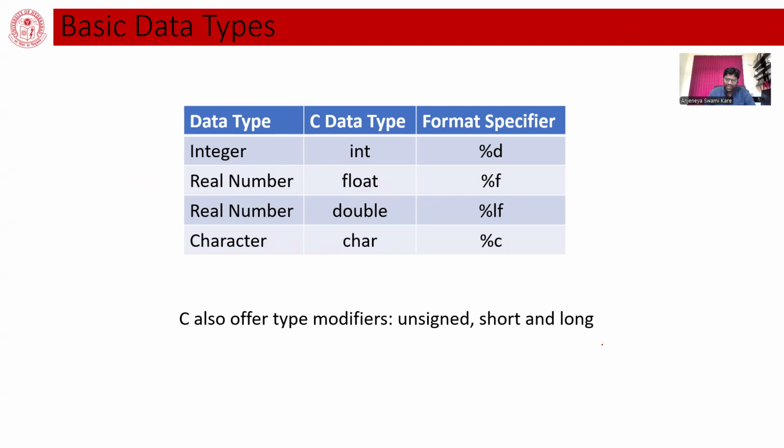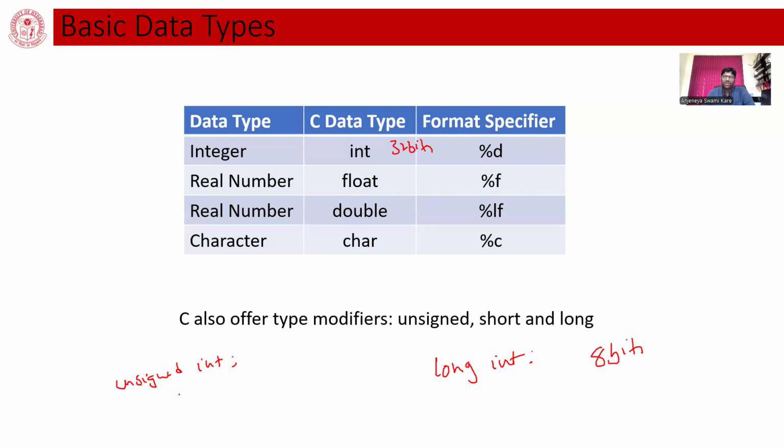For example, long int and short int. int is usually 32 bits in size, whereas long int usually takes 64 bits. Then by using unsigned, if I say unsigned int, it means we are defining a data type which holds only positive numbers. There are no negative numbers.